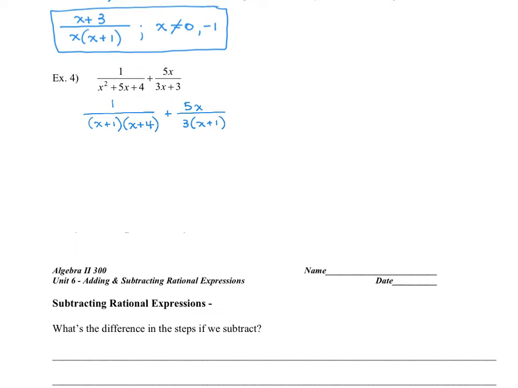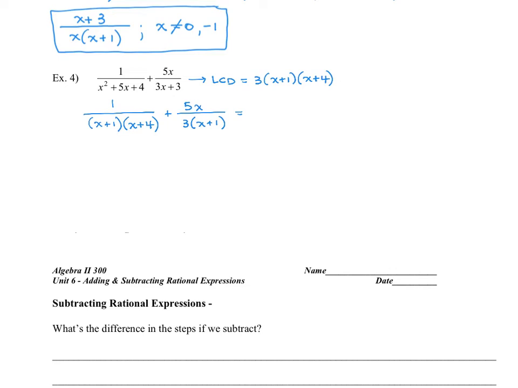The next step is to determine our least common denominator. So in this case, our least common denominator will be 3, x plus 1, x plus 4. So we need to multiply both the numerator and the denominator of each fraction by the factors that are missing from the LCD.